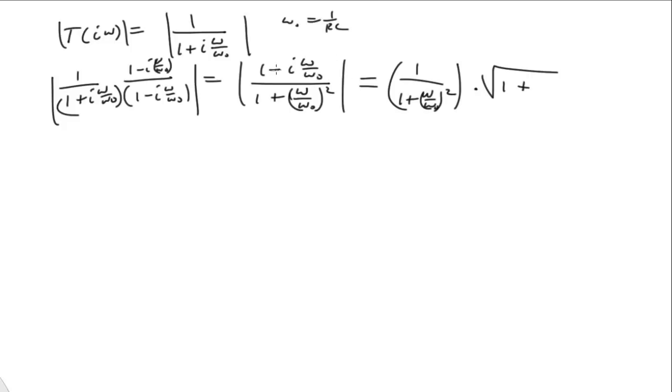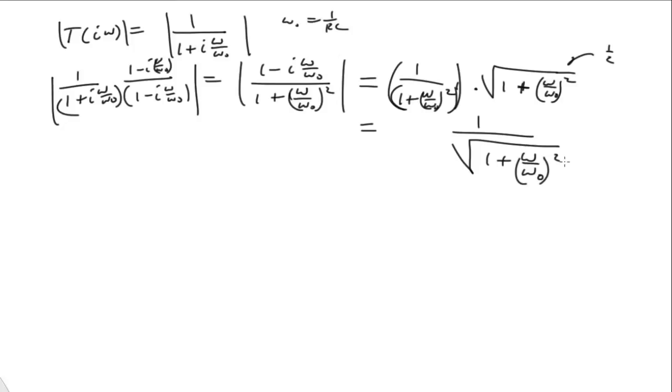We don't need to worry about the negative sign there, because we just look at those parts squared. We clearly see that this is to the first power and this is to the 1/2 power, so together that makes 1 plus omega over omega naught quantity squared.